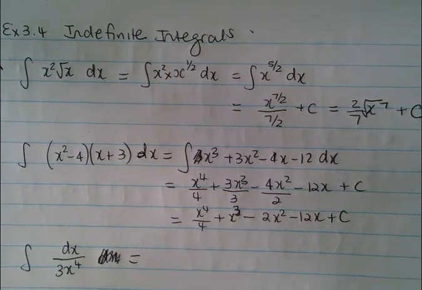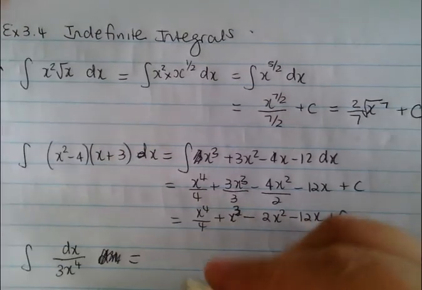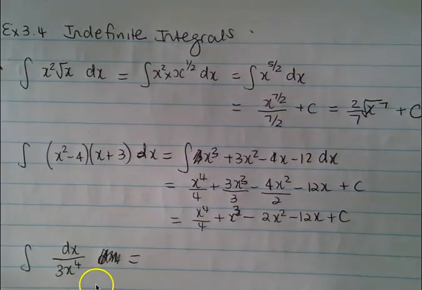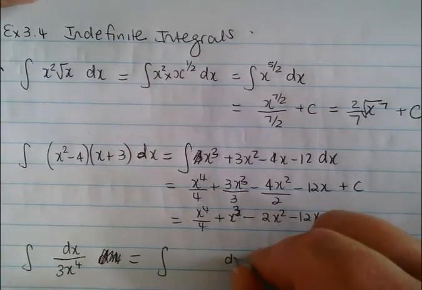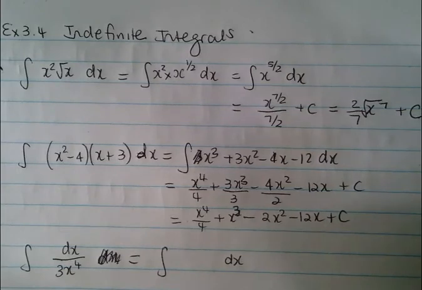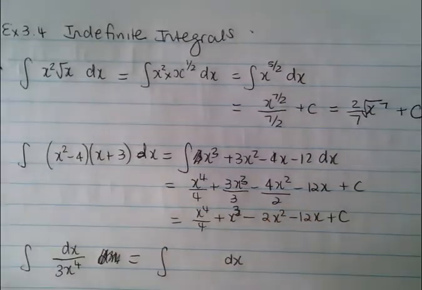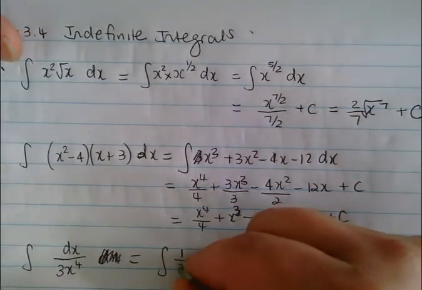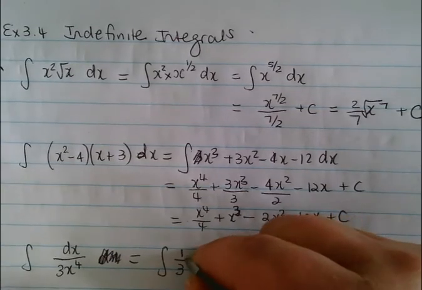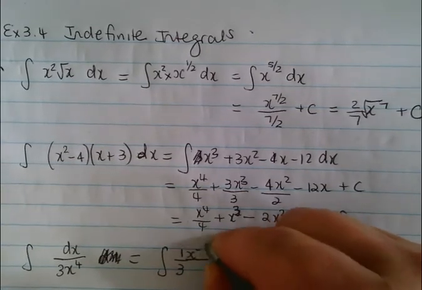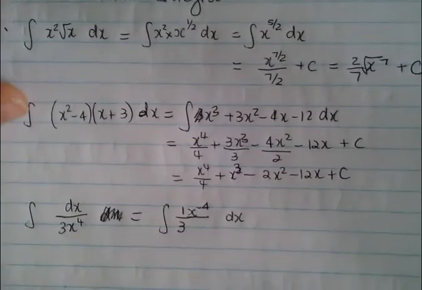And the last one. What's the last one? How do I write this? 1/3. What do I do with the x to the 4? X to the negative 4. Are you okay with that?